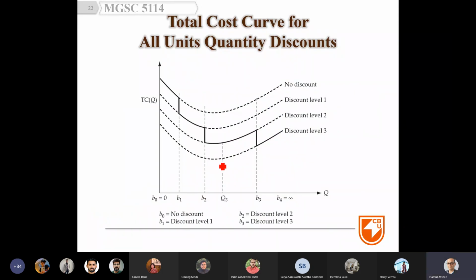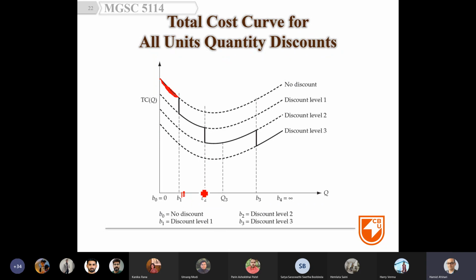Now we have another figure to discuss what we have learned so far. So from 0 to B1, for example, here is 10 units. This is the price, okay? This line is representing the price.